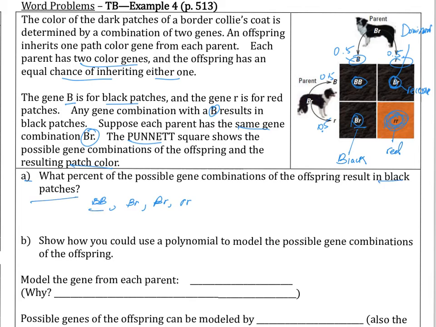So I listed all the possible combinations. There are 4 in all, and 3 of them tell us that the offspring will definitely be black. So we just take 3 and divide by 4 to get 0.75, multiply by 100 to be 75%.